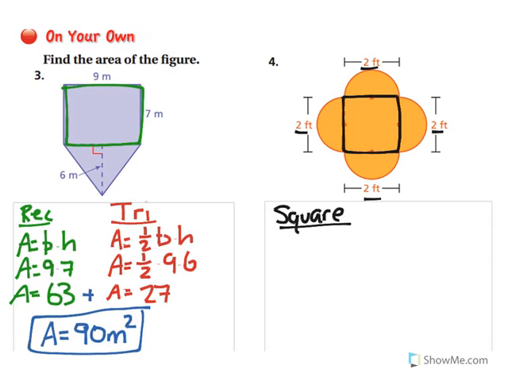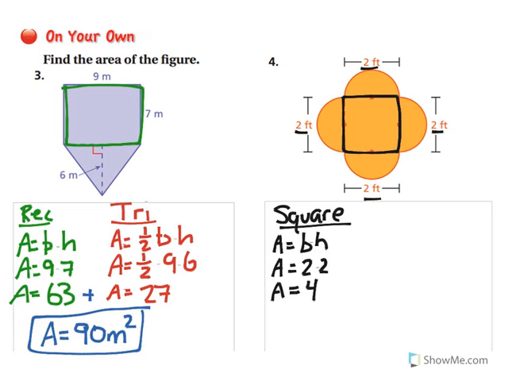And we'll get to the other shapes here in a minute. So with the square, I do area equals, you can do base times height, length times width, or if you want, you can put s squared. Any of those are fine. They do the same thing. So I have area equals 2 times 2. And then area equals 4.